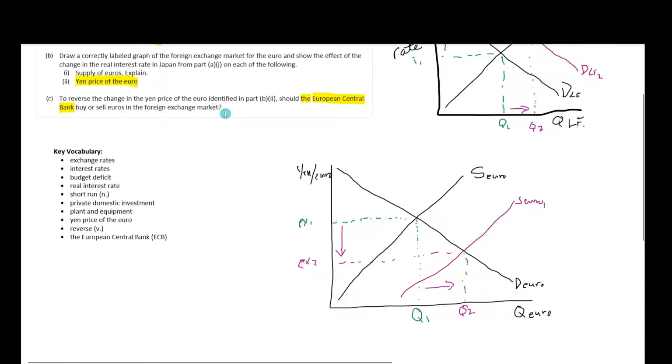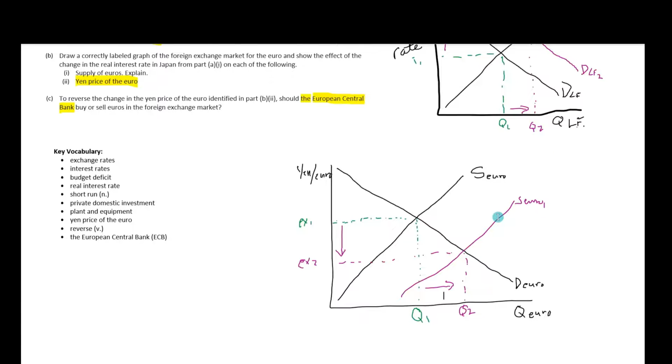So common sense from micro should remind you that purchasing an asset, anything, a good or a service, will lead to an increase in the price. Here the price is the yen price of the euro. So if we increase demand for euros, we buy euros, that is going to increase the yen price of the euro. That's called appreciation.